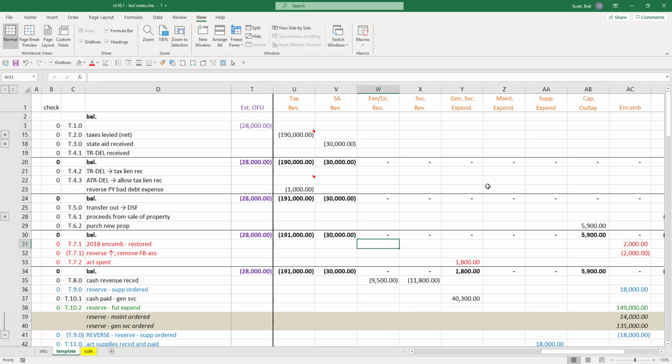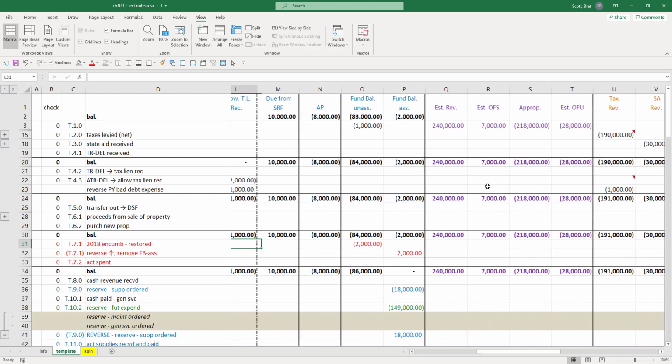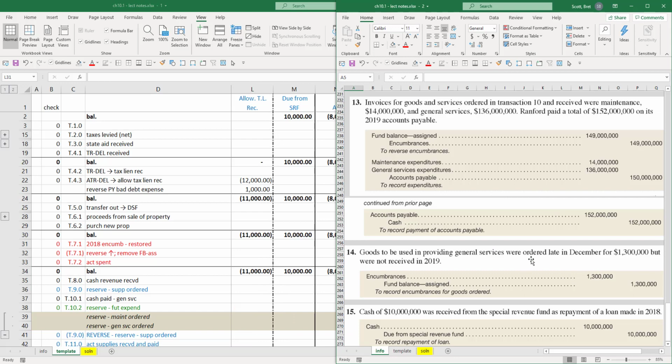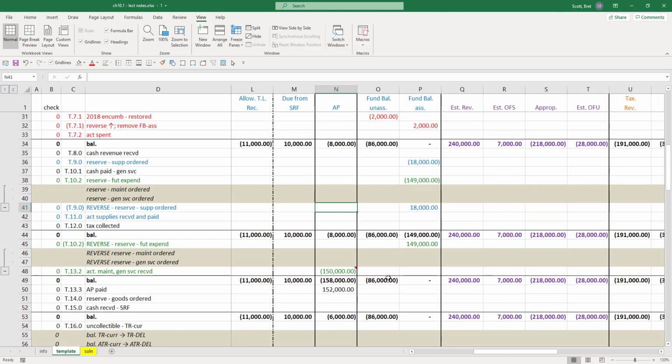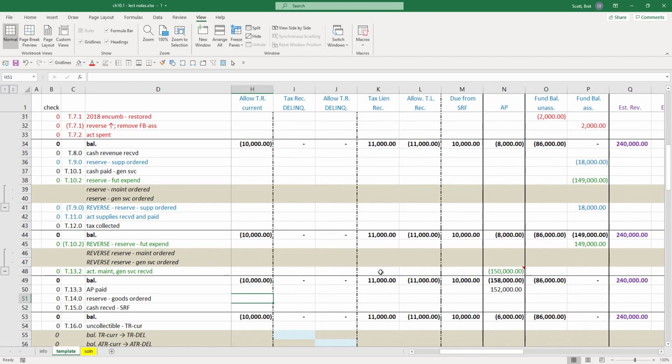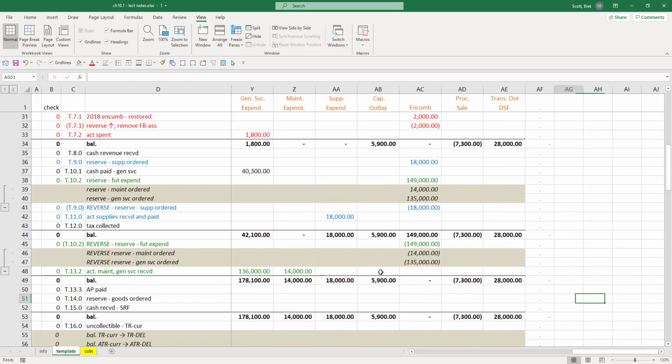We're going to encumber an amount. In this case, it's $1.3 million. So down below, we're going to set aside, make a reserve for goods that have been ordered. In this case, I will show this as a normal encumbrance. 1300.